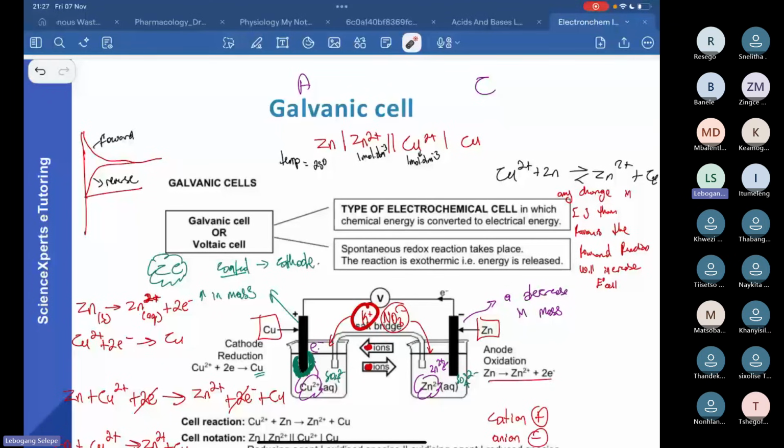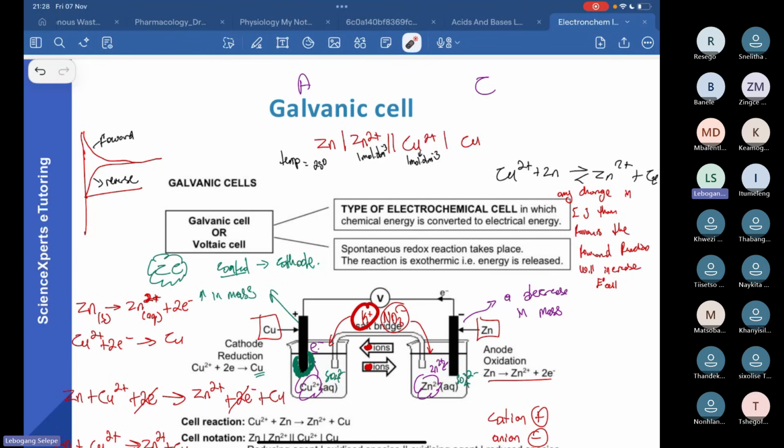How can I favor the forward reaction in this case? Maybe if I add more Cu2+ into this container, it will favor the forward reaction.